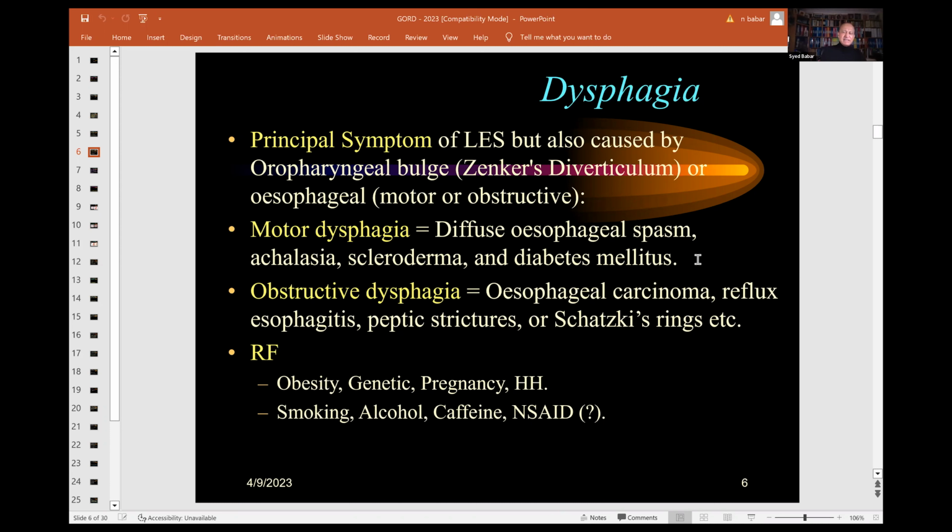So motor dysphagia occurs when the lower esophageal sphincter refuses to relax and remains under a constant state of spasm and tightness, or when a larger segment of the esophagus, which is distended by the bolus, refuses to relax, and therefore there will be difficulties propelling the food through the peristaltic mechanism.